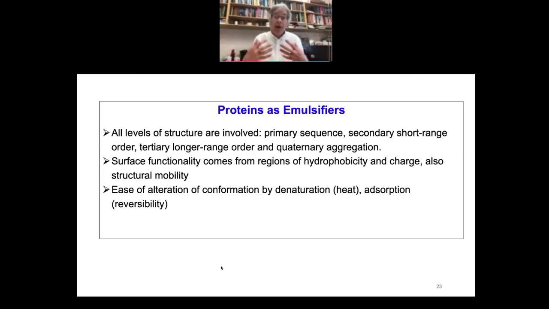And then the hydrophilic region becomes involved because that's the stabilizing layer. So things like surface charge of the hydrophilic region, that steric layer, how much of it is sticking away from the interface, those are all the kinds of things that are going to predict whether a protein will be a good emulsifier or not. And some are, and some are not.